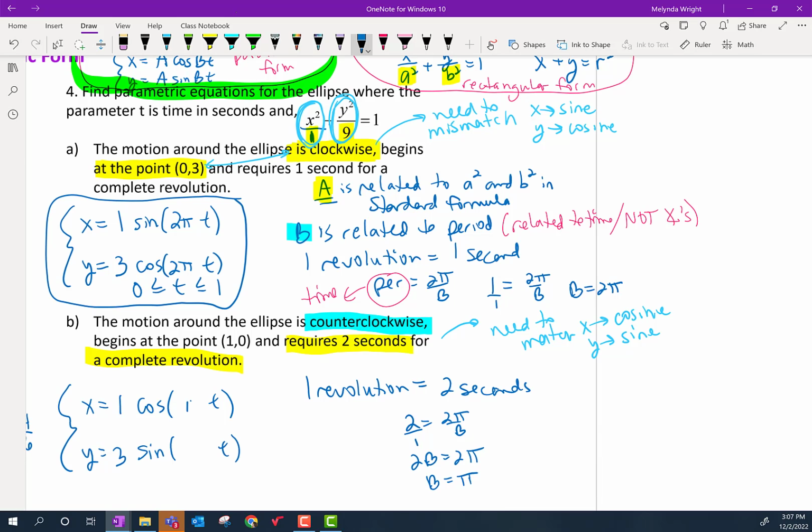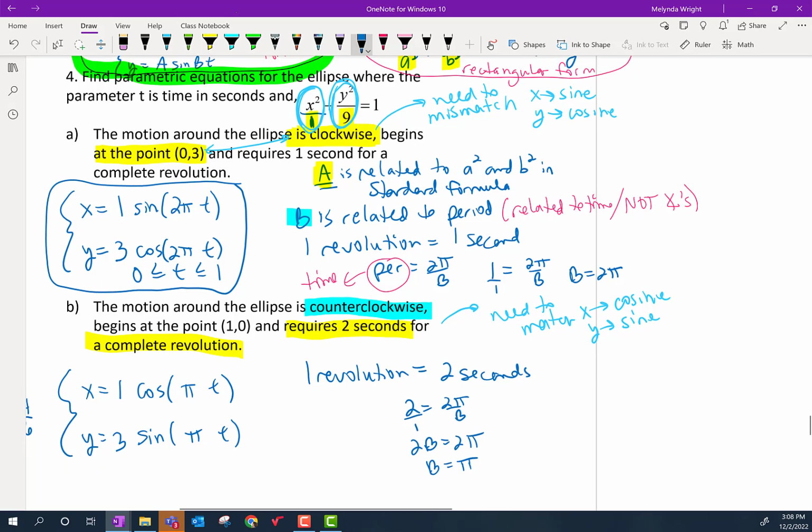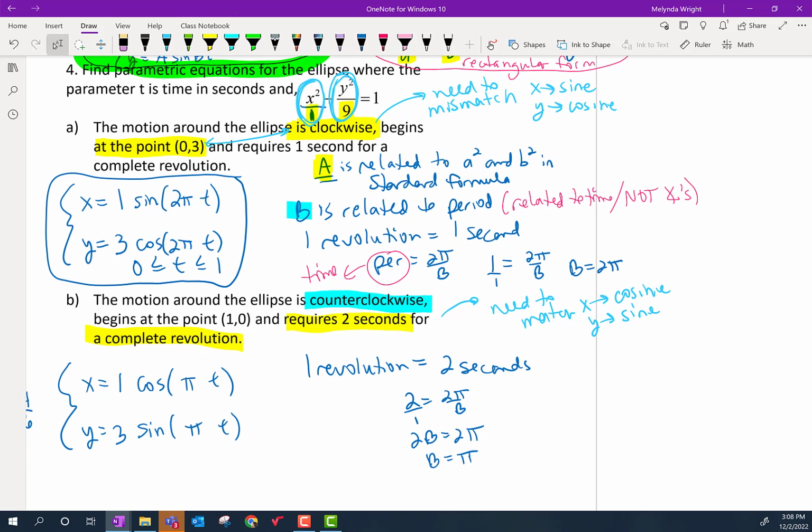So I'm just going to slide pi in there. Okay. Now, last thing to add is a restriction. How long does it take to go all the way around once? 2 seconds. So it's 0 less than or equal to t less than or equal to 2. And we've got it.